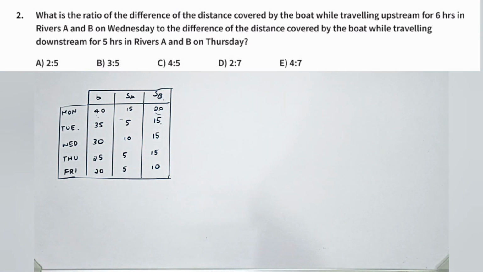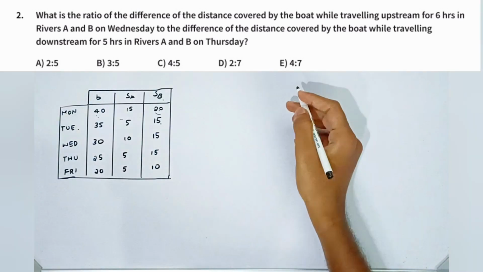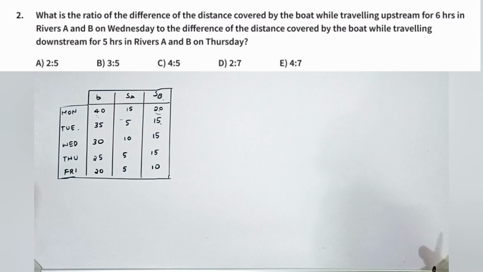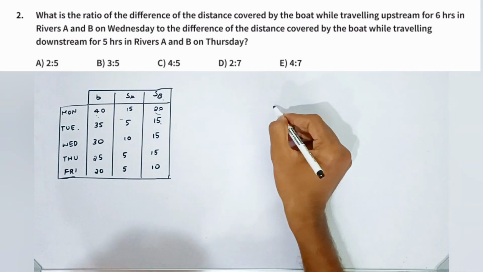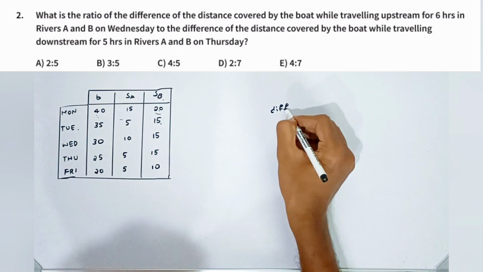In the second question, it is given that the ratio of the differences of the distance covered by the boat while traveling upstream for 6 hours in river A and B on Thursday and Wednesday to the difference of the distance covered by the boat while traveling downstream for 5 hours in river A and B on Thursday. I also got confused by reading the question, but we have to break it down.